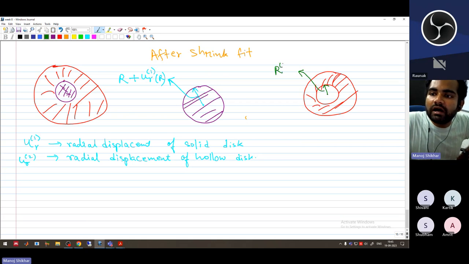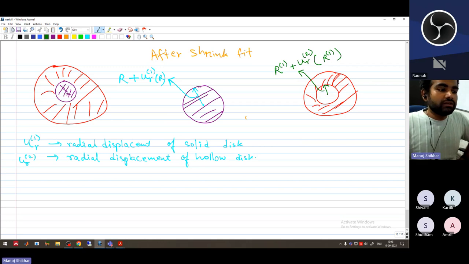So this will be R1 plus UR2, because we are writing the radial displacement of the hollow disk by UR2. Where should it be calculated? At original R1. So you see the difference here.